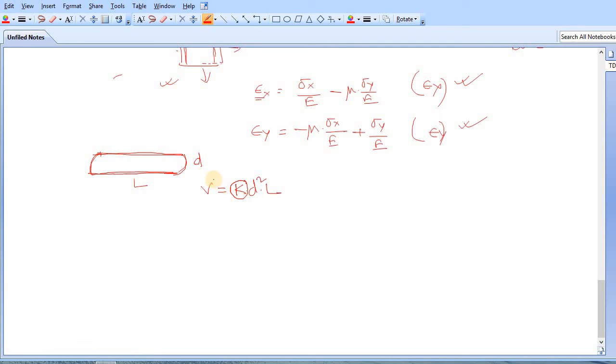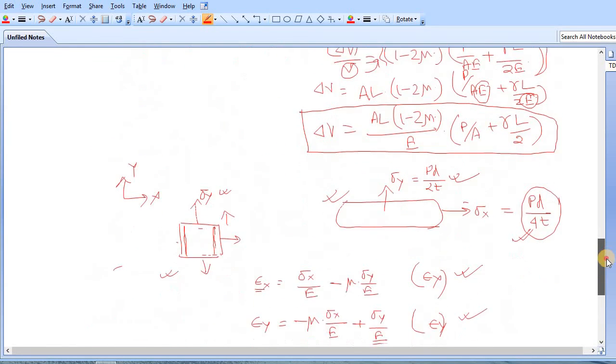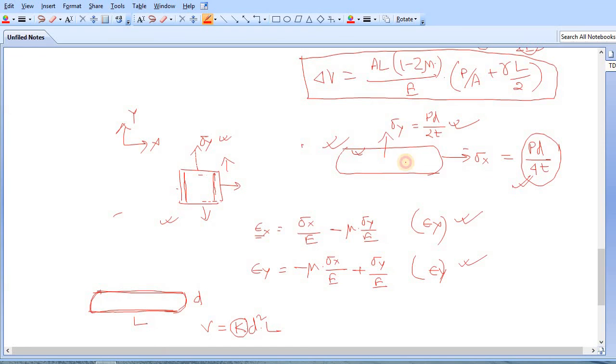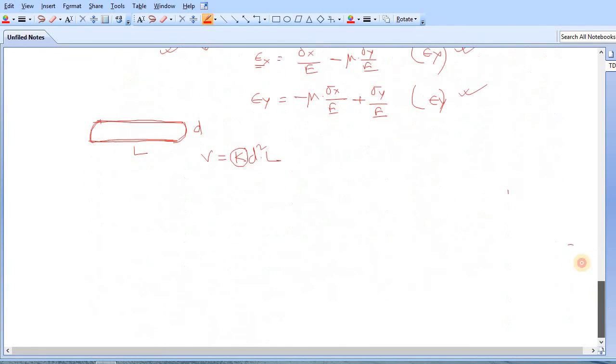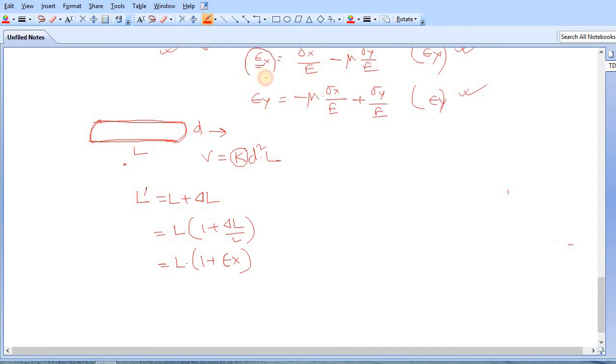Once you apply this sigma x and sigma y, what is the change in length? Let's say now the length is L dash. This L dash is L plus delta L, or L times 1 plus delta L by L, or L times 1 plus epsilon x, because in this direction the strain is epsilon x.